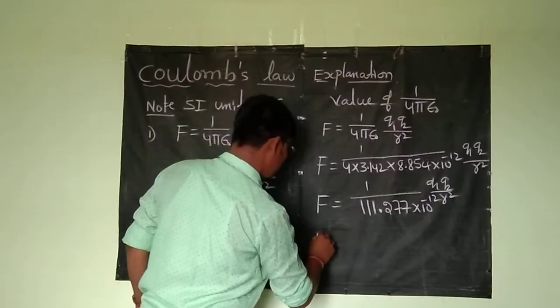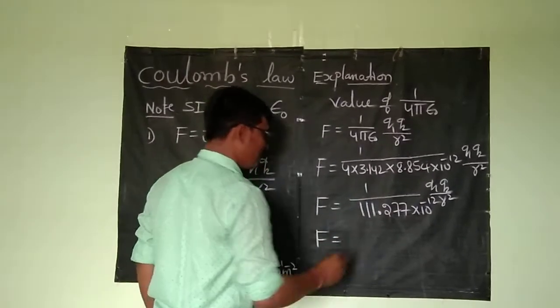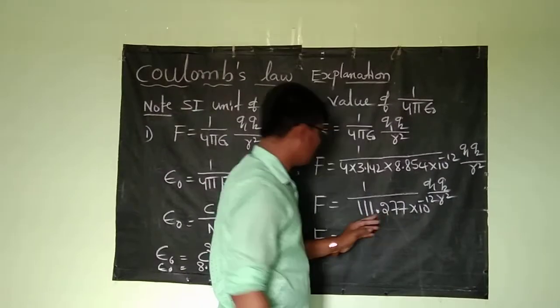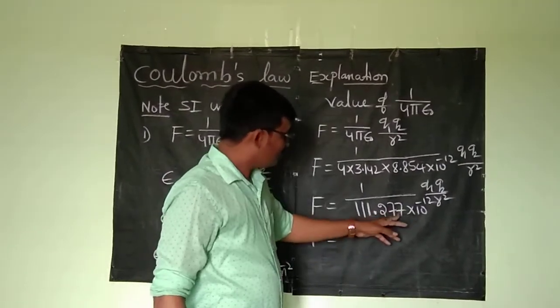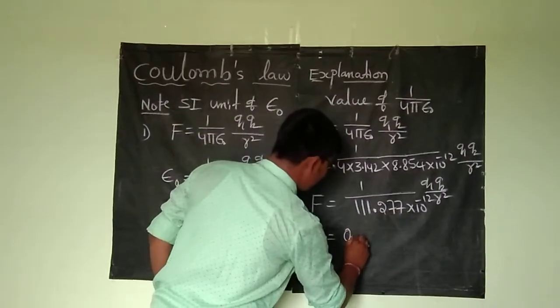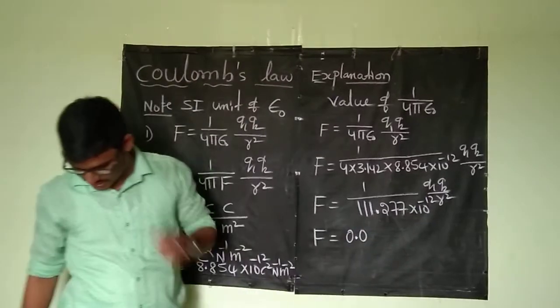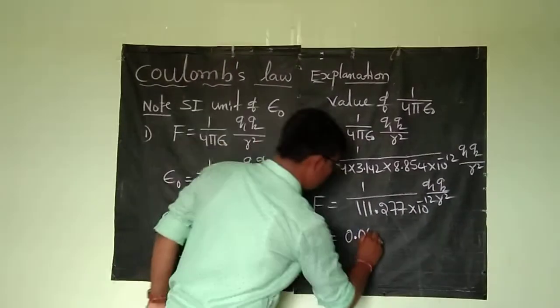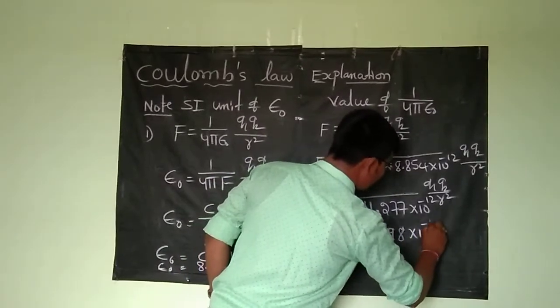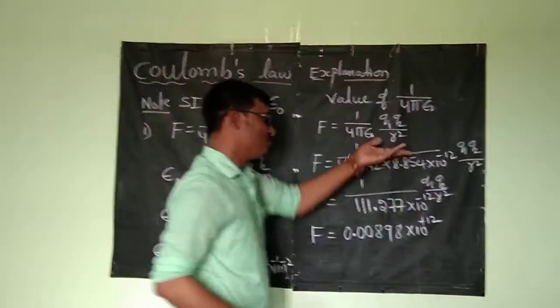will go upside, that is F is equal to 1 divided by 0.277, it becomes 0.00898 into 10 to the power minus, it becomes plus.